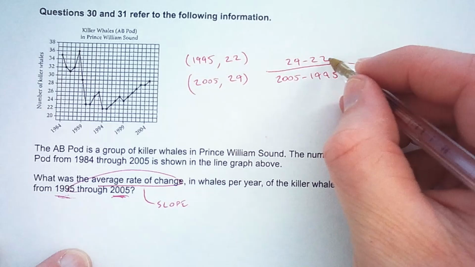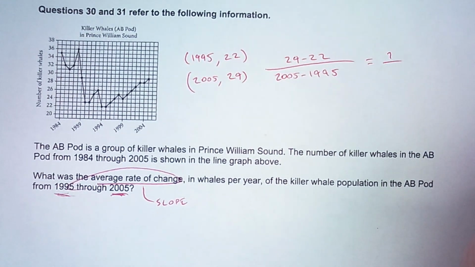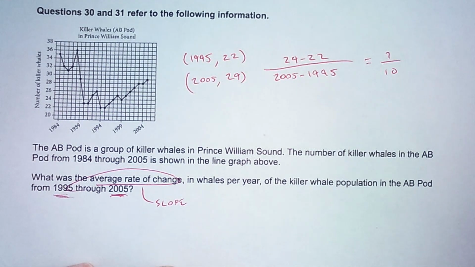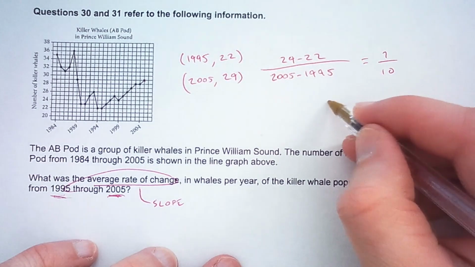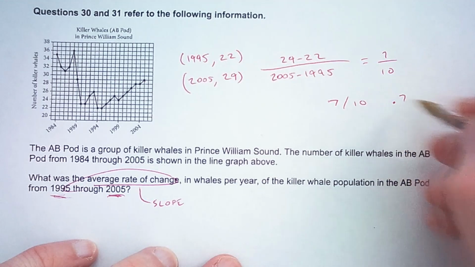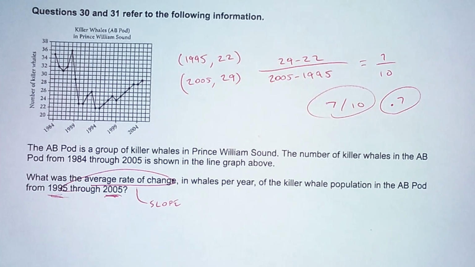Okay, 29 minus 22 is 7. 2005 minus 1995, that's 10. Okay, so we could put 7 over 10. We might have to grid it like this, 7/10. Or we could put 0.7 as our answer. Either of those should work just fine in your grid.